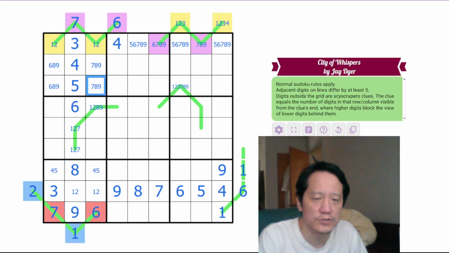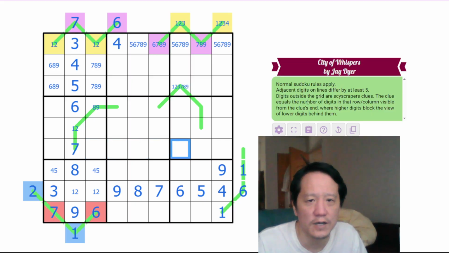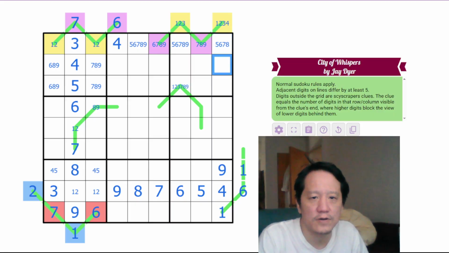We have 1, 2 as a pair, which eliminates 1, 2 here, so it's 8 and 9. Which means that's high next to a low, which means this is 7. So that's okay. 9 cannot be here. 6 can't be here. This is all looking fine.